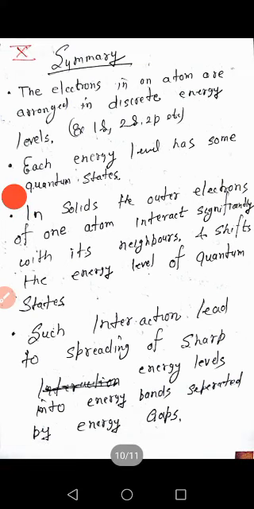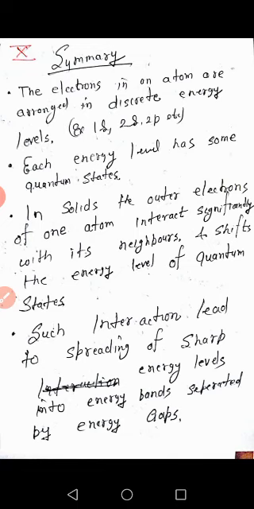So for every atom the bands form in different orbitals. This is a separate theory, and we need not go into it. All we need to understand is that there are two kinds of bands in solids: the valence band and the conduction band.